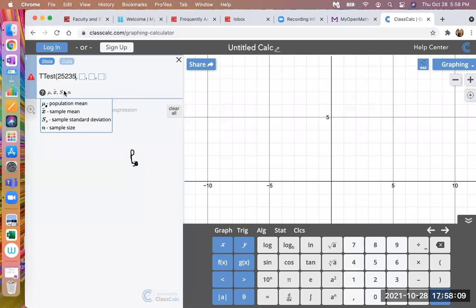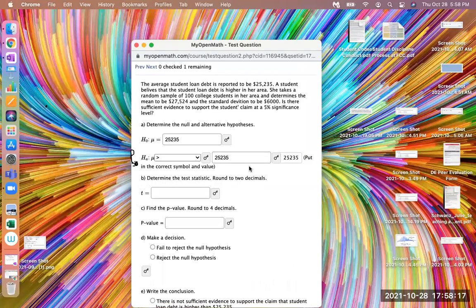Okay, and then what am I going to plug in for the sample mean? Let's go back to the problem. This is where I got kind of confused. I wasn't sure. Because she tests 100 college students, but I think there's like an extra step to figure that out.